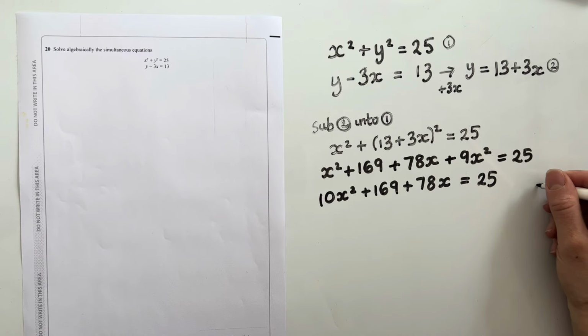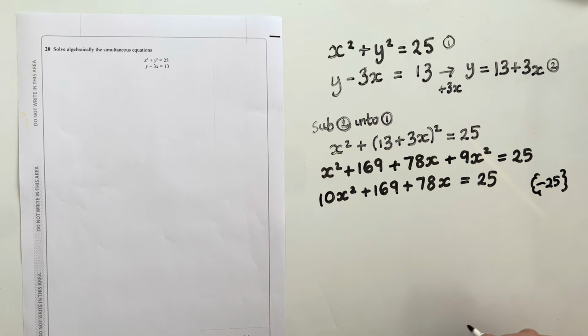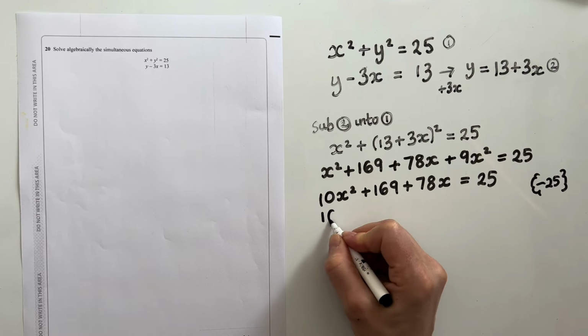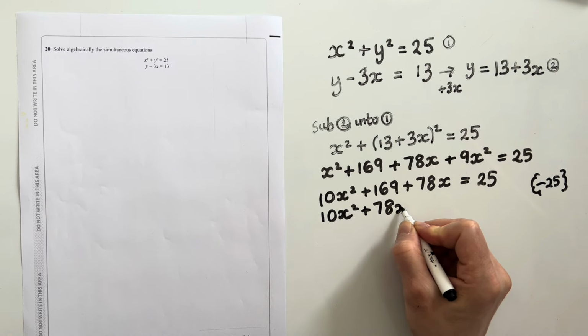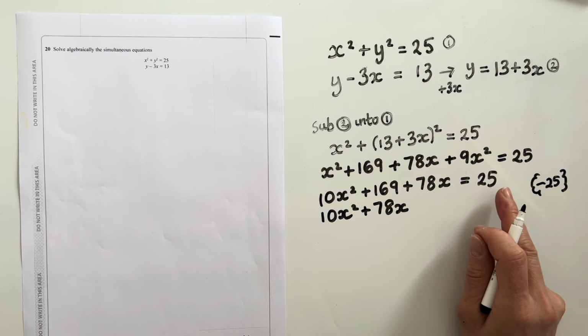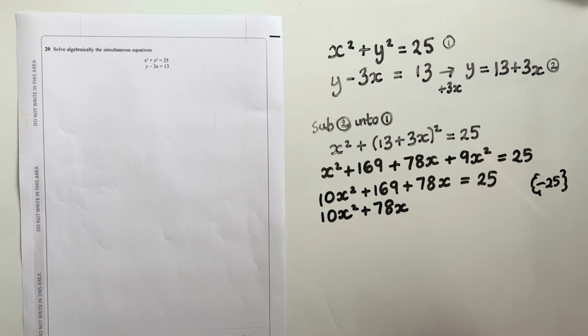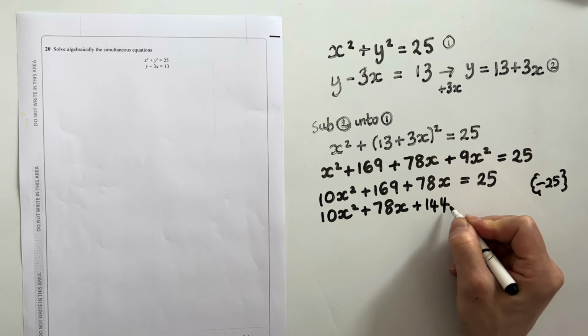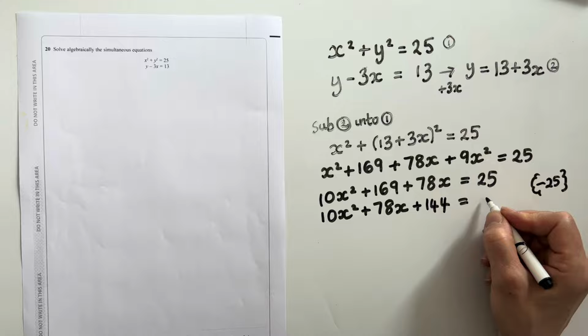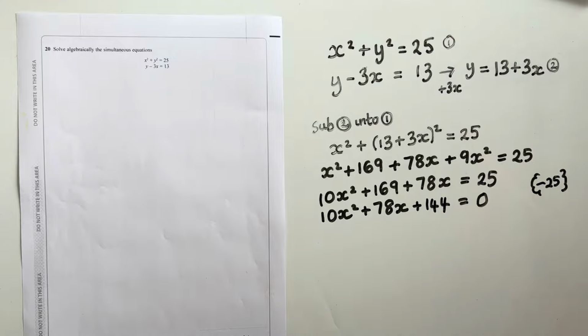So we're going to take away 25 off both sides. So we get 10x squared, we've got the 78x, and then we've got the 169 take away the 25. That will give us 144. And on this side, when we take away 25, we're left with nothing.